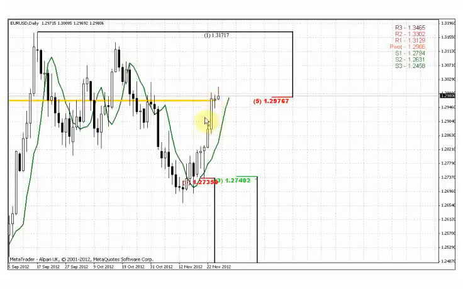So that is enough for treating this potential thrust as suitable for a potential bread and butter trade. And if it really will be the bread and butter, then we could try to buy it, use it to enter on the long side of the market. As you know, the minimum target of the bread and butter is the 618 back move in the continuation of this initial thrust as the momentum trade.